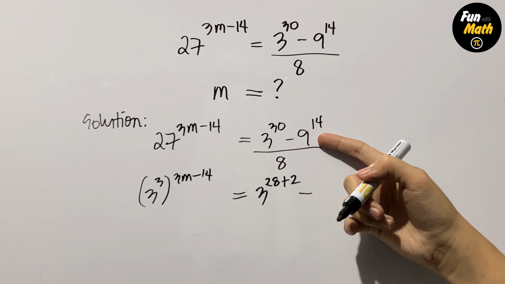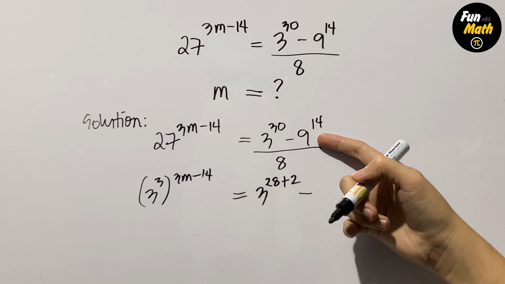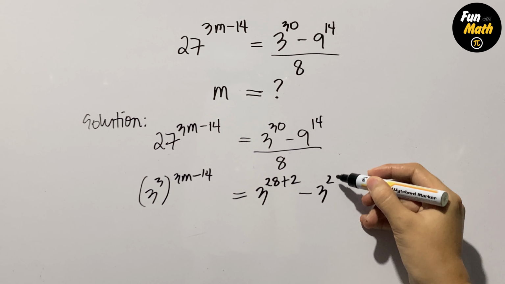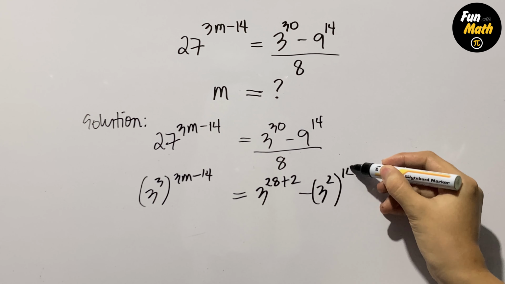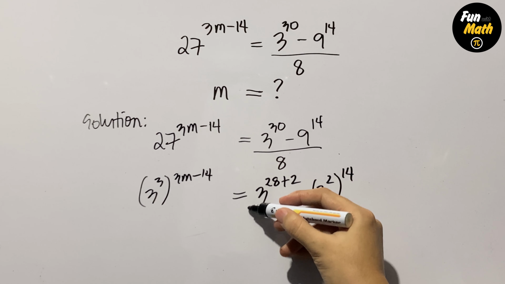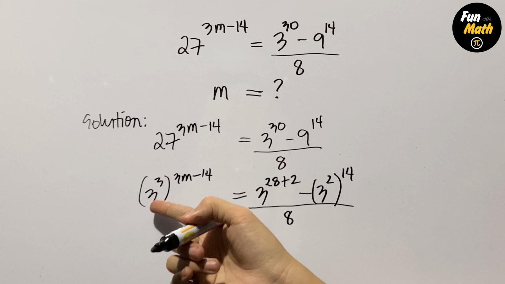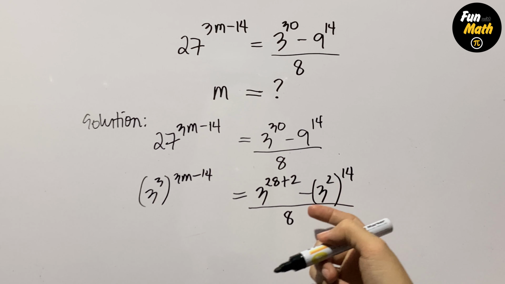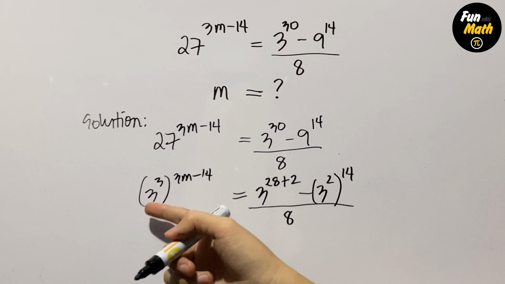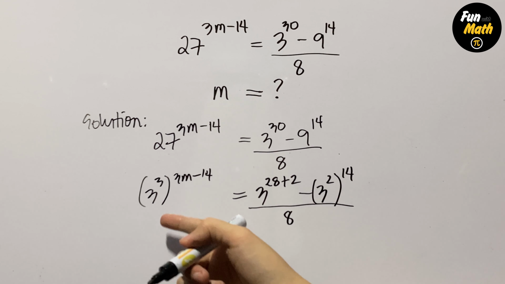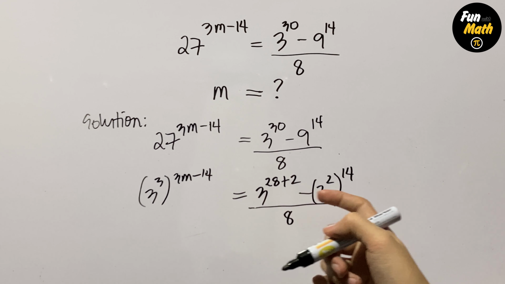The base 9, we can break it in terms of 3. And that is 3 squared all to the power of 14, and all over 8. So the four portions, we changed the bases in terms of 3 so that they will have the same bases. As you can see, 3, 3, and 3.